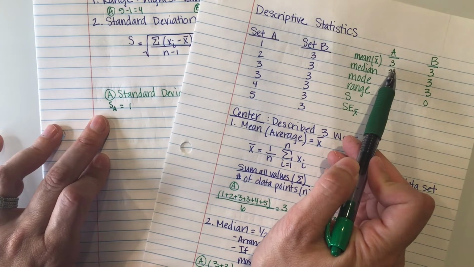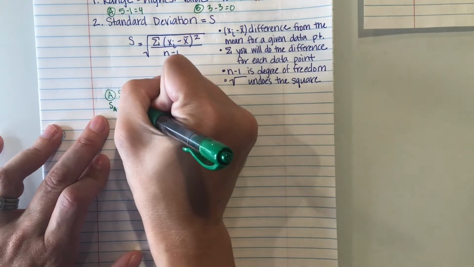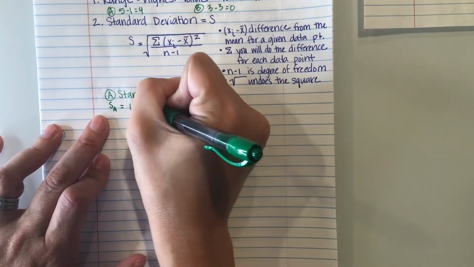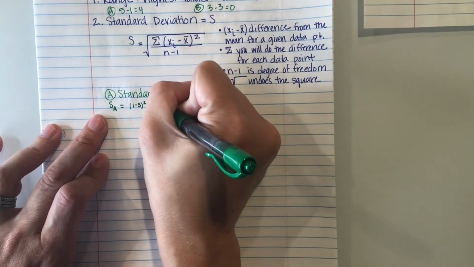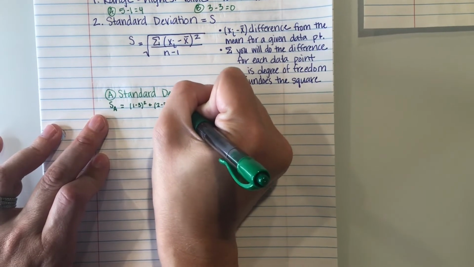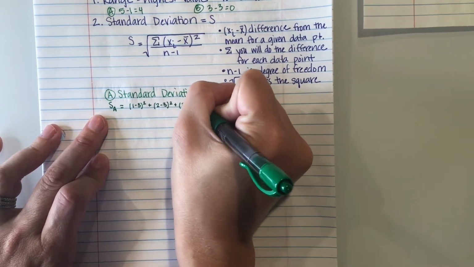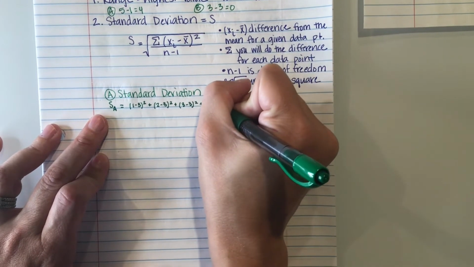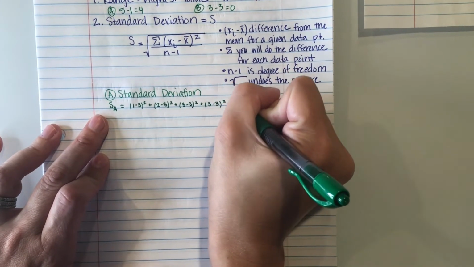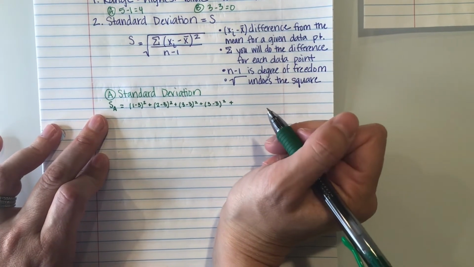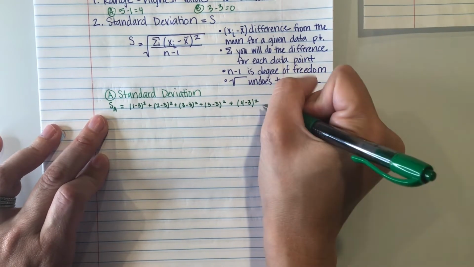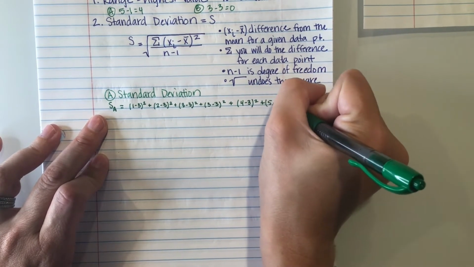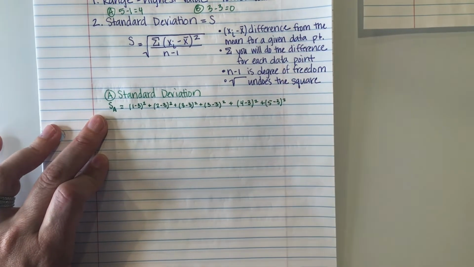We said my mean, or my average, was 3 for set A. So it's going to be (1 minus 3) squared plus (2 minus 3) squared plus (3 minus 3) squared plus (3 minus 3) squared plus (4 minus 3) squared plus (5 minus 3) squared.